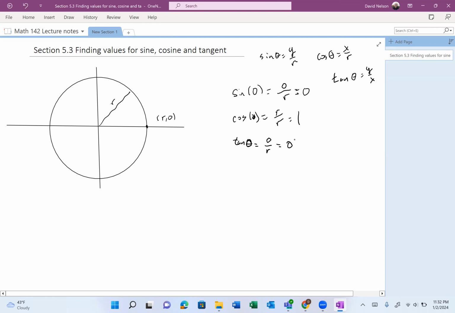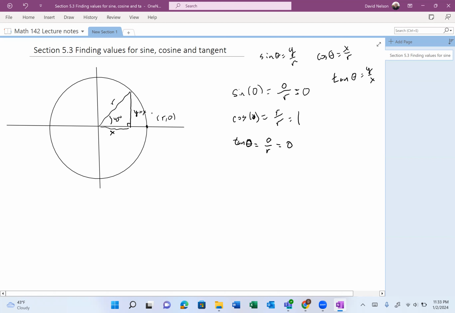Another nice angle that we can look at is a 45-degree angle. At a 45-degree angle, we know that the x coordinate and the y coordinate are going to be the same, so that the x coordinate and the y coordinate will have the same value. So if we call this distance x, I know that x is equal to y.